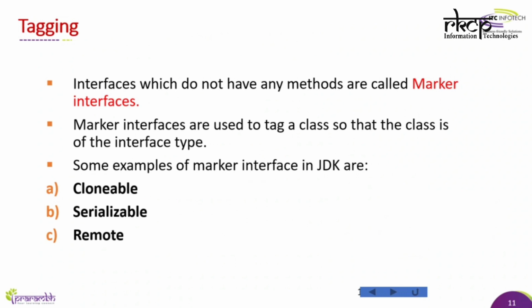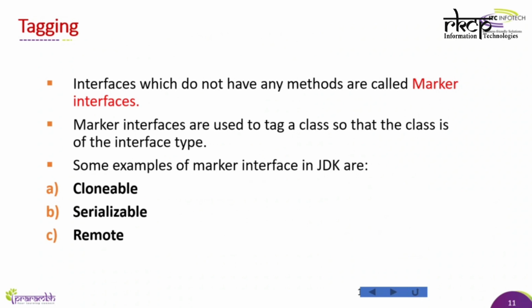If you go through a material or book, you will see interfaces which don't have any method. Interface without a method is known as a marker interface. But it is not entirely true; it is partially true. In future you will see one interface, Runnable, which has a method run, but it is a marker interface also.